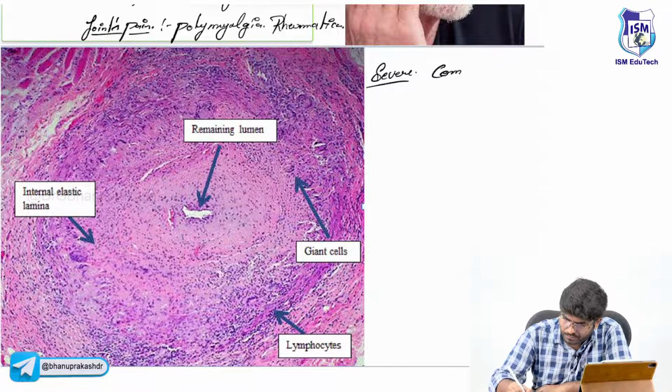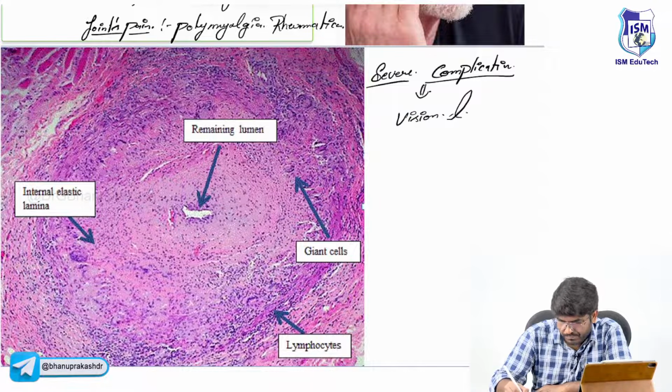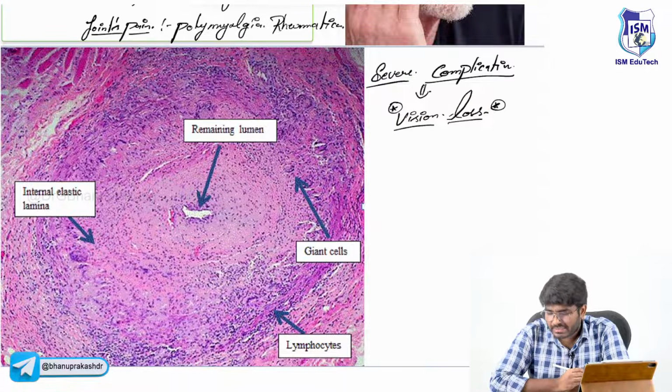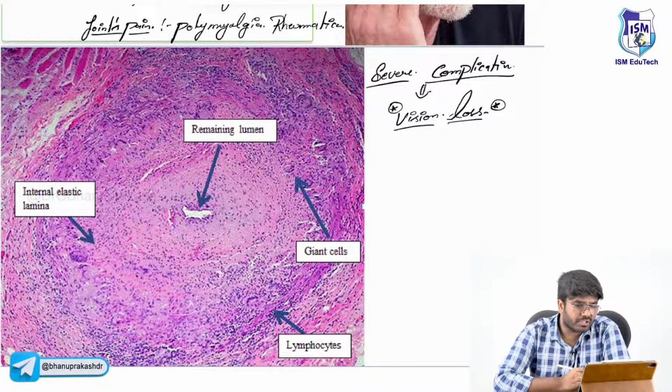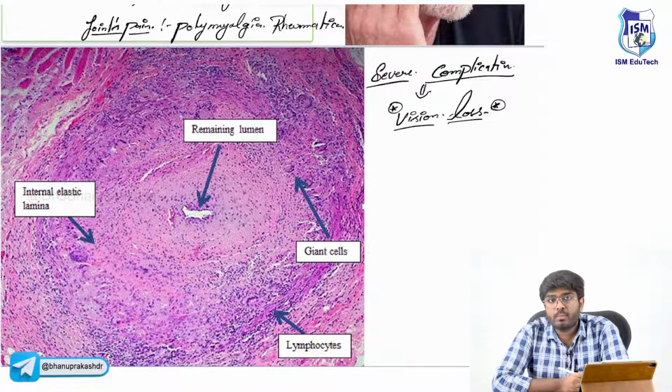The complication is going to be vision loss. The inflammation can spread to the optic nerve, ophthalmic artery, so sudden vision loss can occur. That's why it's the most severe complication.